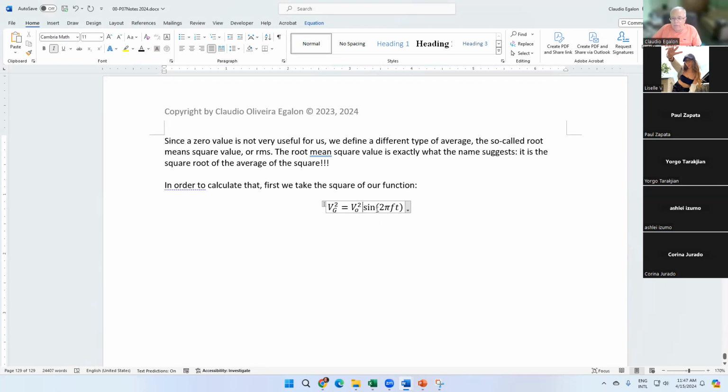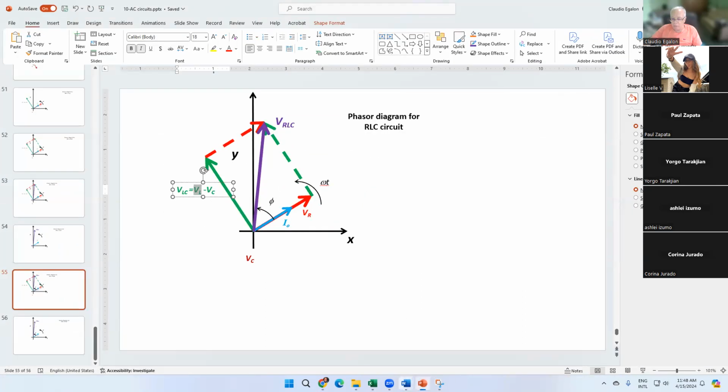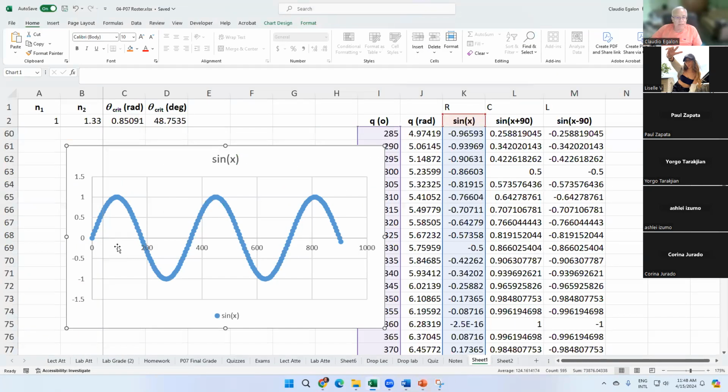What was negative becomes positive. Don't you agree with that? So first, we take the square of the function. And now that we took the square, you no longer have negative values here, but you have positive values all the way down.